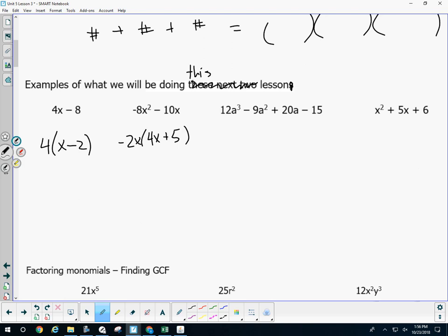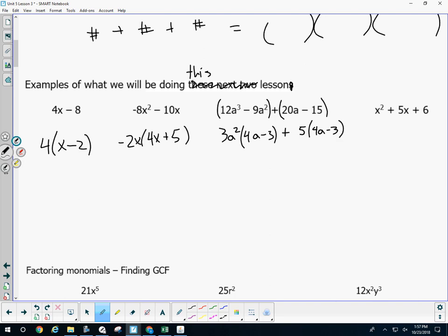Sometimes if you have two things being added together, you think of them as two different groupings. 12a cubed minus 9a squared: 3a squared can be pulled out of both, and you get 4a minus 3. 20a minus 15: I could pull out a 5 from both, giving me 4a minus 3.